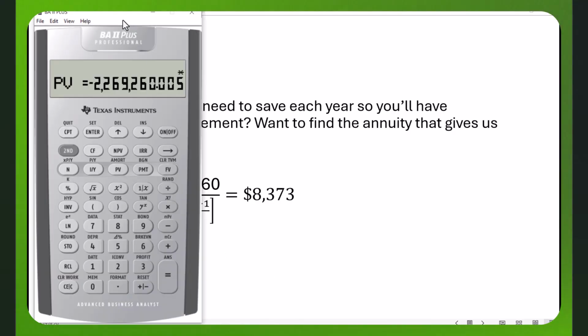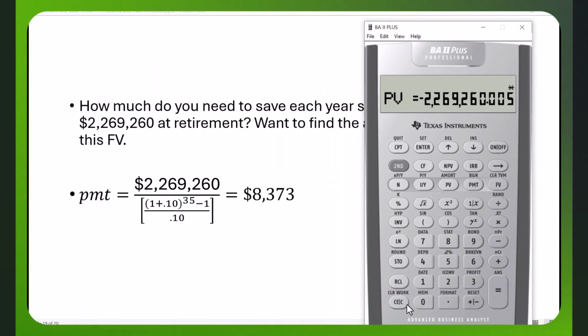So let me just make sure that works. Again, clear your workspace with second, clear TVM. And N is you're working 35 years. The interest rate is 10%.